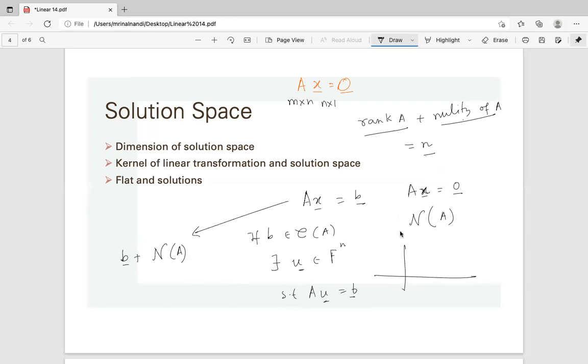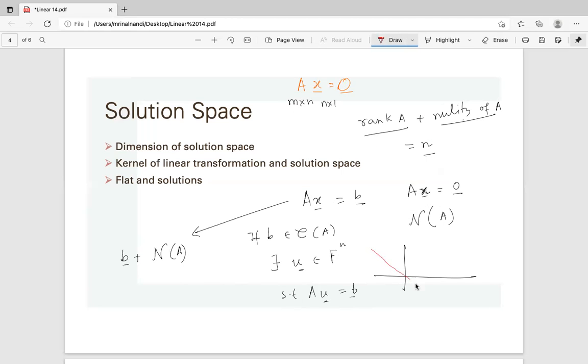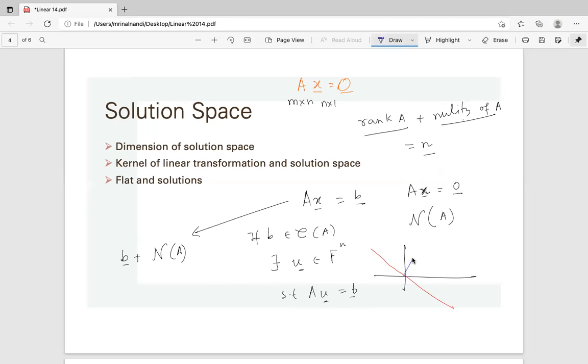You can easily see it like this: if something is a solution for the homogeneous system, it's just a shift by the vector U. We know this is a flat, since some vector plus a subspace is a flat, and the null space is a subspace.